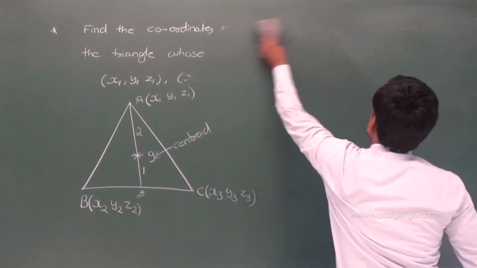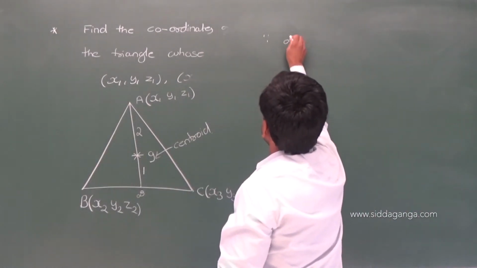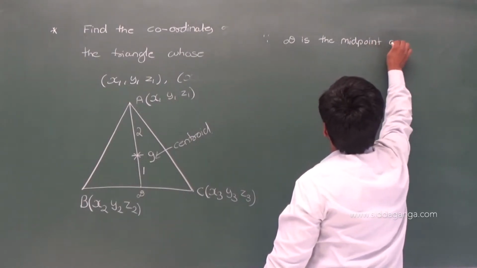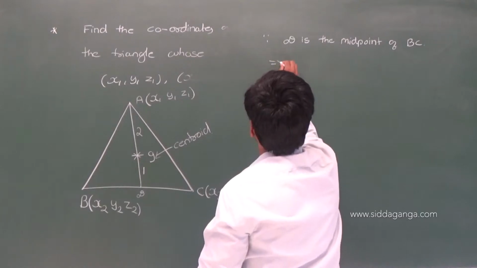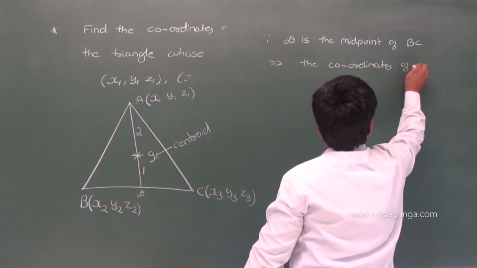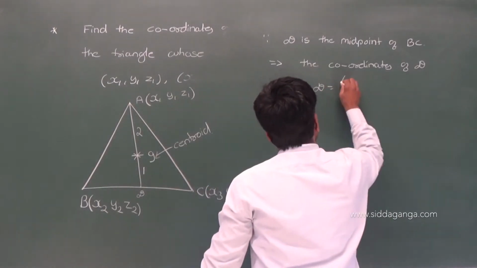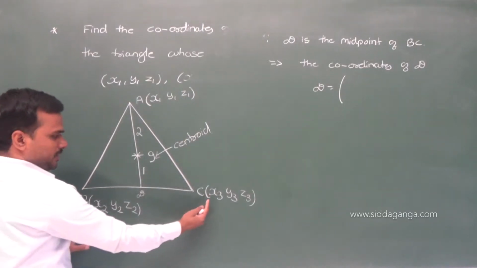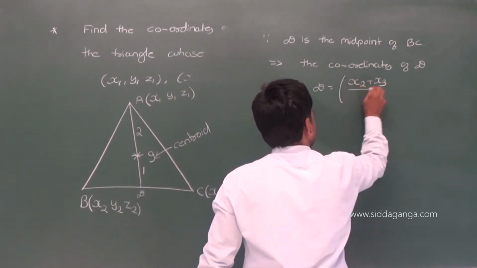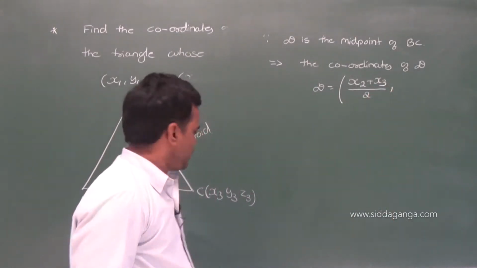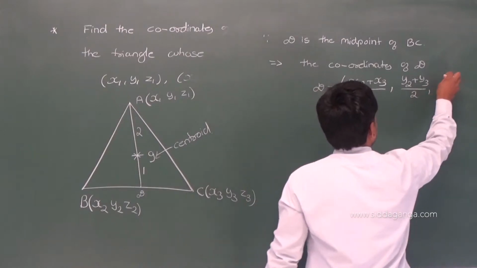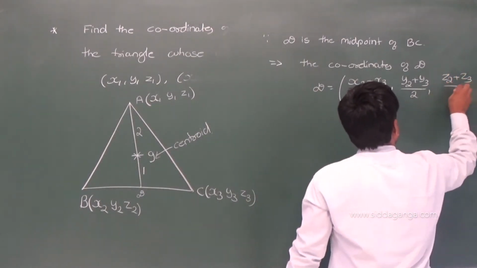Okay. So since D is the midpoint of BC, that implies the coordinates of D are, using the midpoint formula, x2 plus x3 divided by 2, y2 plus y3 divided by 2, the last one is z2 plus z3 divided by 2.